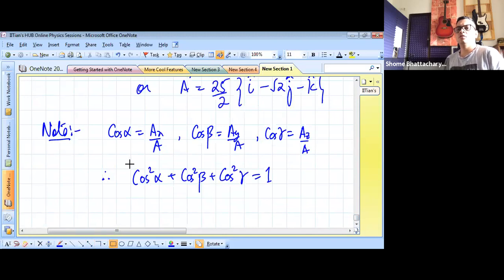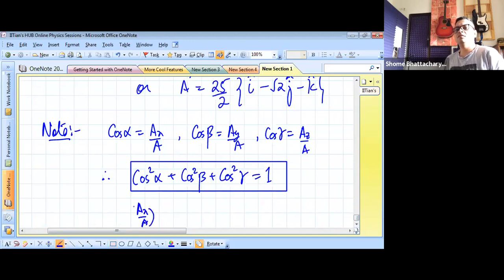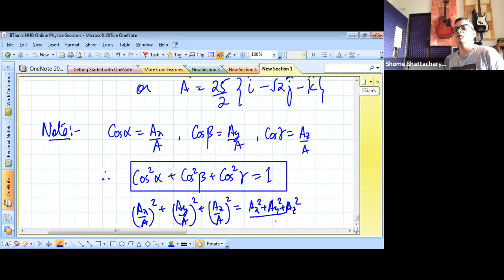Just note this down. Now you can see it's self-evident why this is the case, because this is ax by e, which is nothing but unity. So just like in trigonometry, you have sine square theta plus cos square theta is unity.